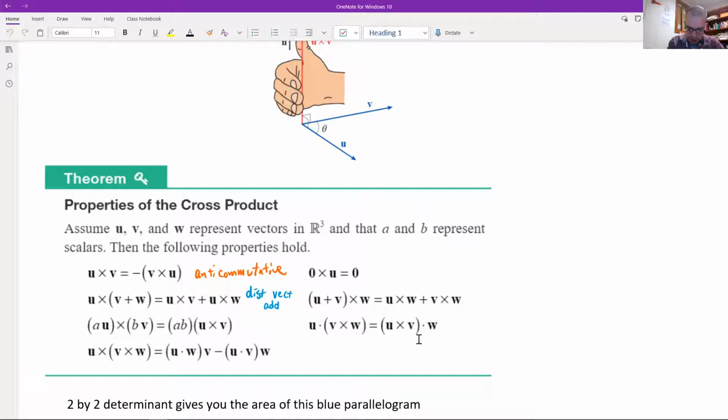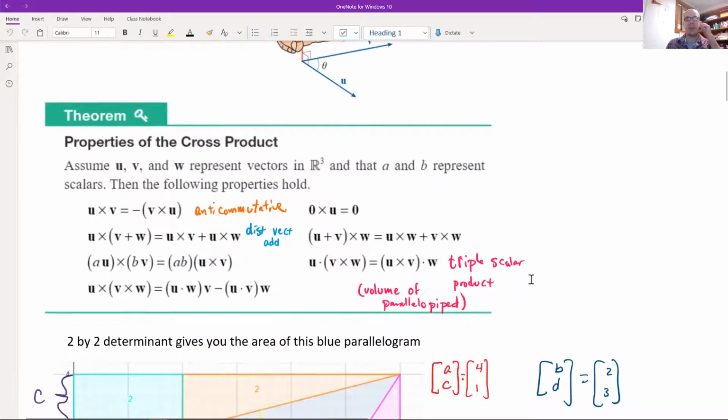This one's for finding volumes of parallelepiped. Yeah, that we'll see soon. And honestly, you can just do that with a 3x3 matrix. They're equivalent. Okay, so there's some properties of the cross product.